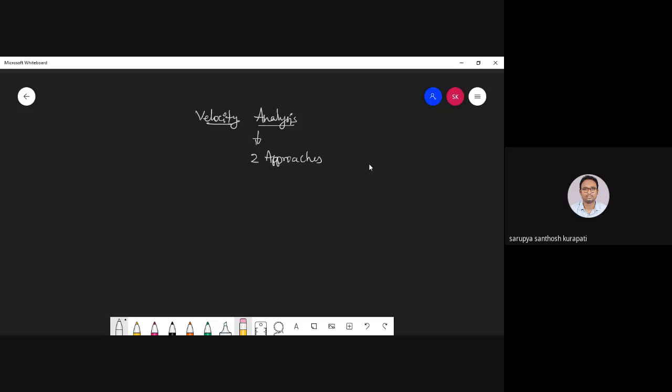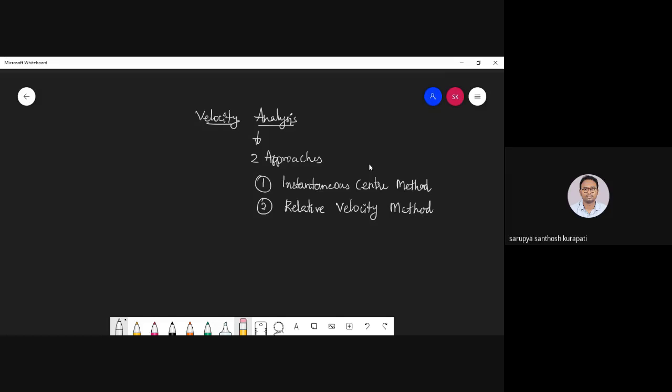One is the instantaneous center method. The other is the relative velocity method.